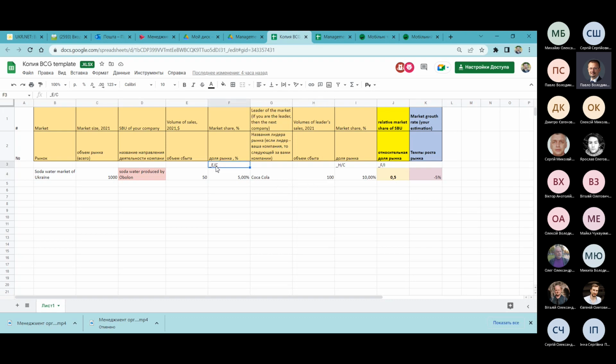And here E by C means that you have to divide column E by column C, and H by C means that you have to divide column H by column C. And you will have two dimensions. You have relative market share and market growth rate.